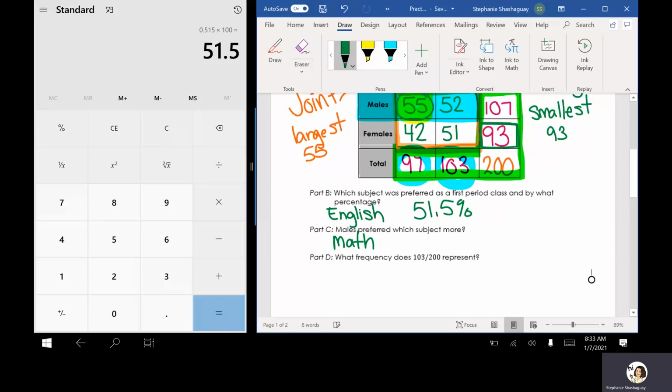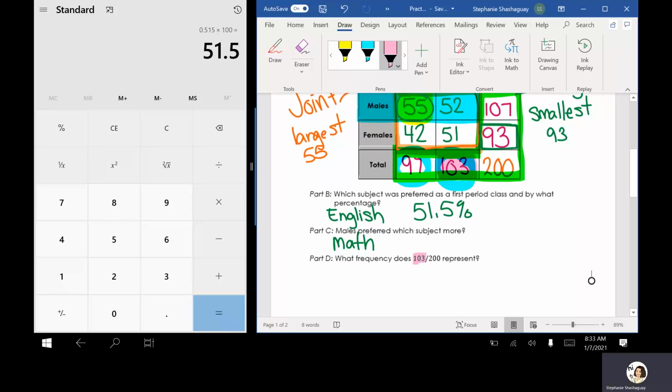Part D, what frequency does 103 over 200 represent? Well, here we go again. They're talking about this 103, and that's this number right here. And that 103 is telling us the number of students that prefer English. But specifically, it wants to know if it's telling you a marginal frequency or a joint relative frequency.